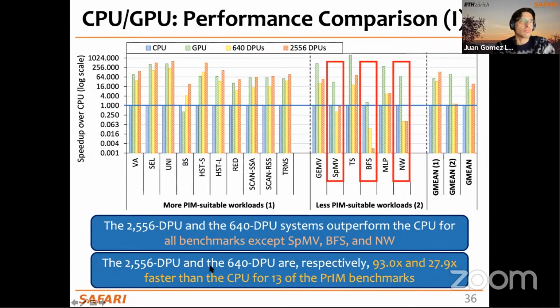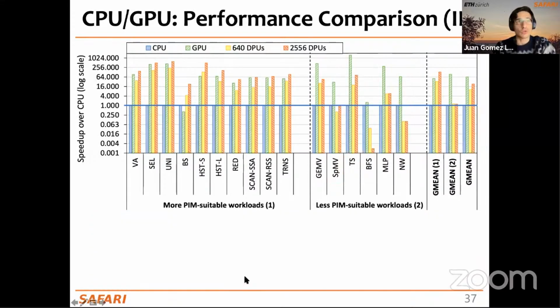If we check the speedup for the remaining 13 benchmarks, we see pretty nice numbers here. It's almost 2 orders of magnitude faster, the larger UPMEM-based PIM system with respect to the CPU.